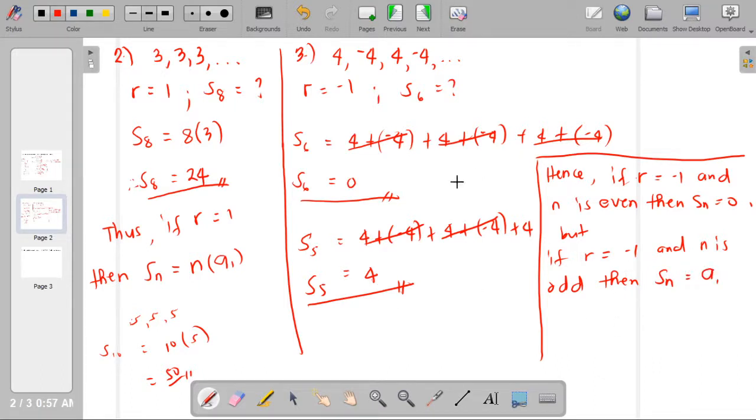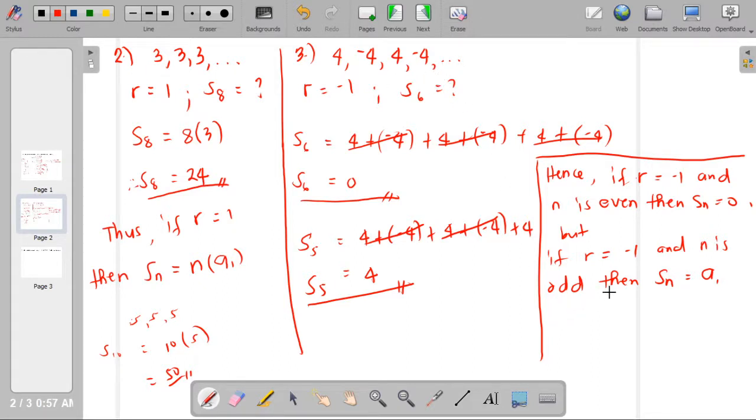You go back to A sub 1. So what if the question is, what is the sum of the first 573 terms of the sequence? 573 terms. No matter how big your n is.